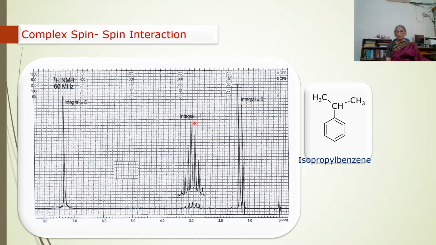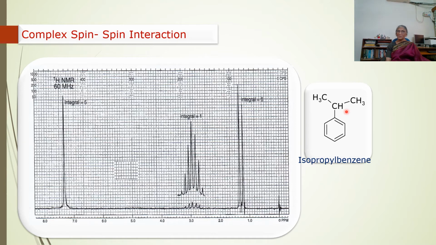And there is one methine proton which has 2 neighbors. So there are 6 protons, 6 plus 1 is equal to 7. Therefore, the signal of the methine proton will show 7 peaks. It will be a septet. Similarly, the neighbor of the 6 equivalent methyl protons is a methine proton.